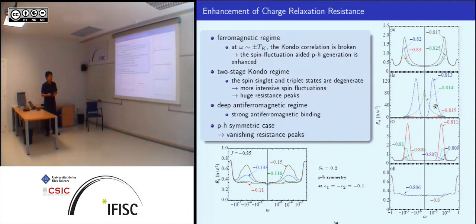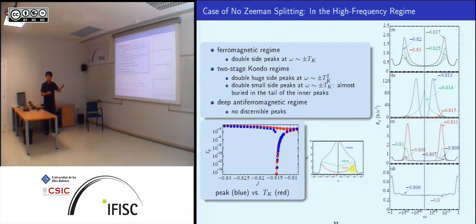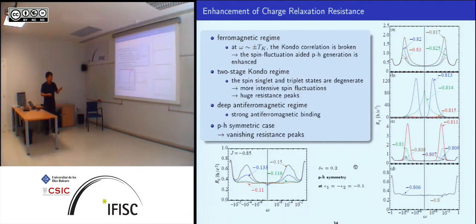In the two-stage case, this enhancement takes place in 2 steps. First, at the lower, second Kondo temperature, we have the enhancement of the resistance, and later, at the higher Kondo temperature, we have another enhancement of resistance. So by breaking the spin binding, we can enhance the resistance.